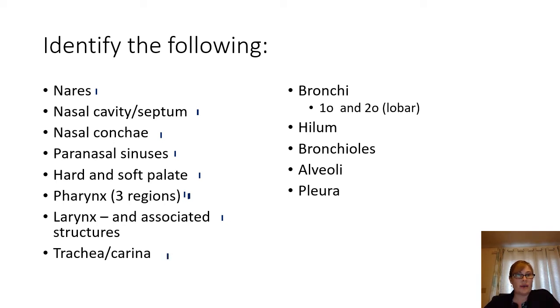So your trachea and where it divides, the carina, your bronchi, primary and secondary. For lecture, I also wanted you to know tertiary. You have the hilum of the lung, we discussed multiple times, bronchioles, alveoli, and then the pleura were the membranes.